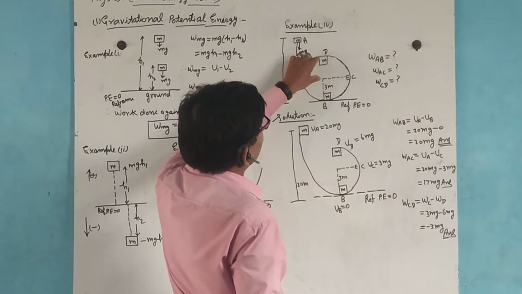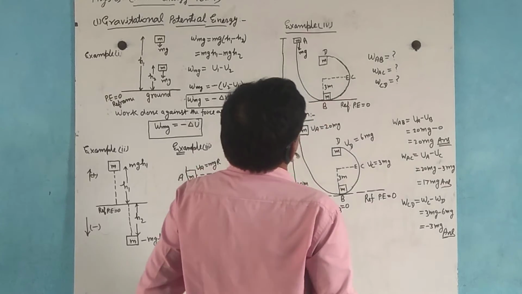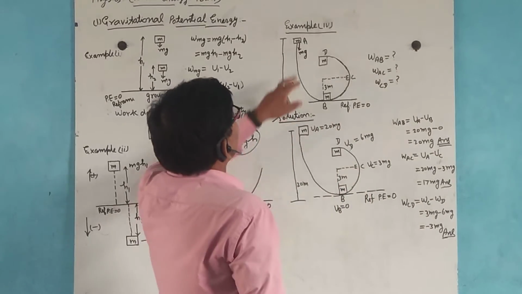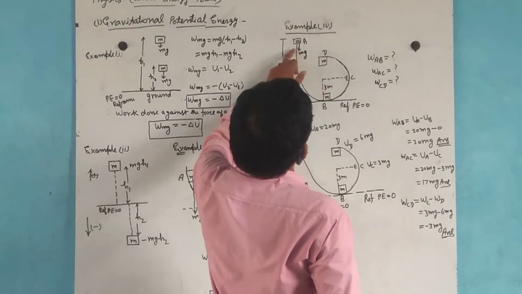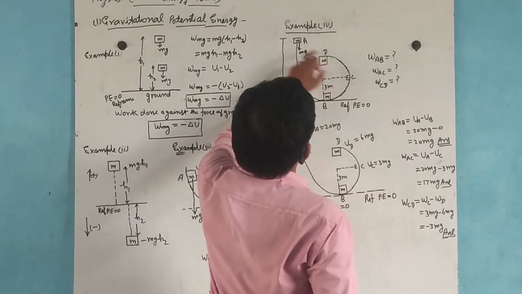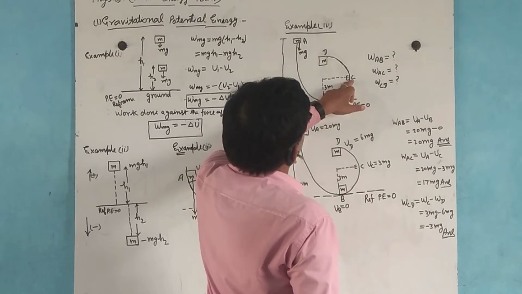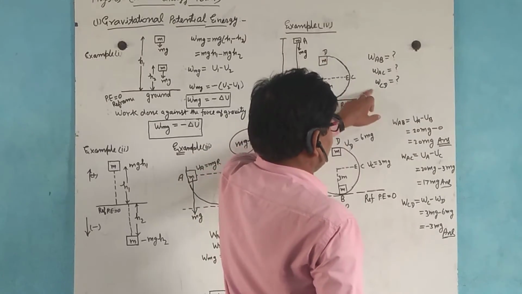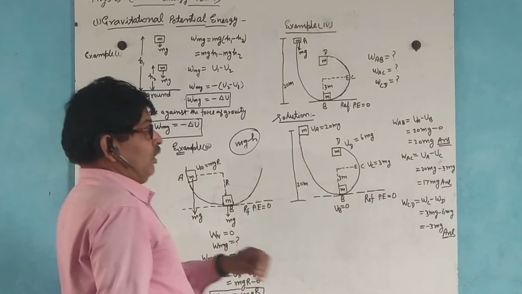In this case, we have to calculate the work done A to B, the work done A to C, and the work done C to D.